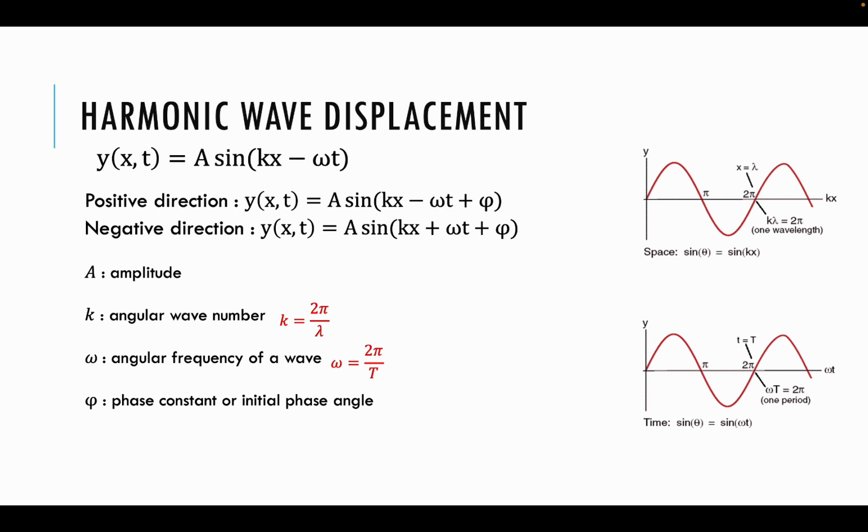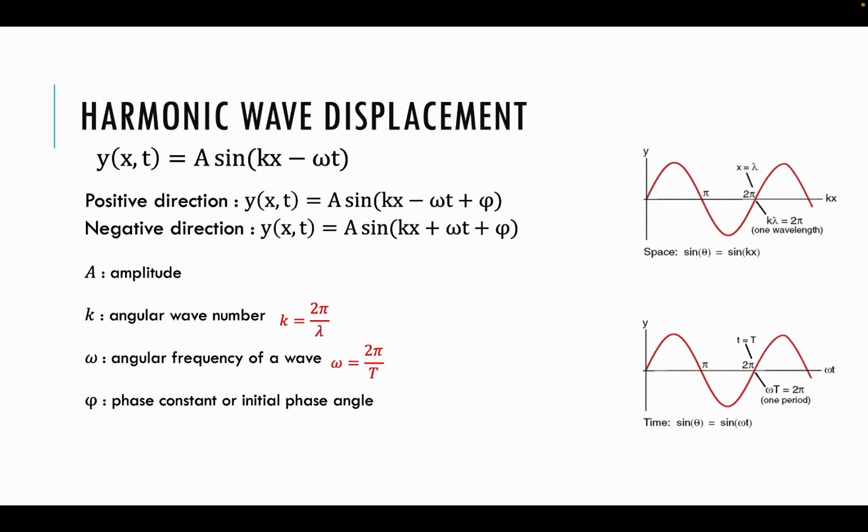Okay, like I said before, k is the wave number, which is given by k equals 2π over λ. Next, the angular frequency, ω, equals 2π over T, equals 2πf. And φ is called the phase constant.